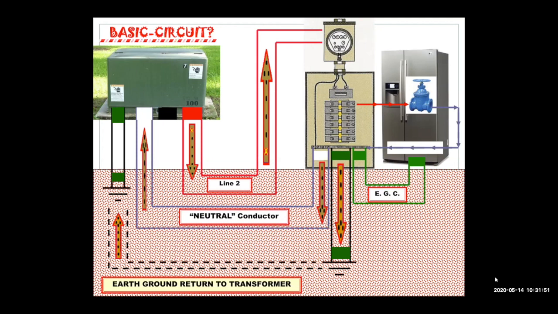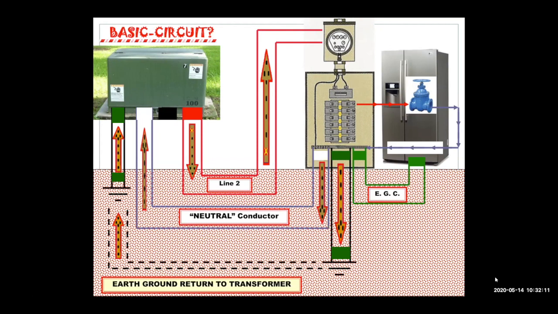It's coming back up to the transformer, and at the transformer, the ground wire inside the transformer is connected also to the neutral wire. That's called the X0 lead inside the transformer. So that completes the circuit.